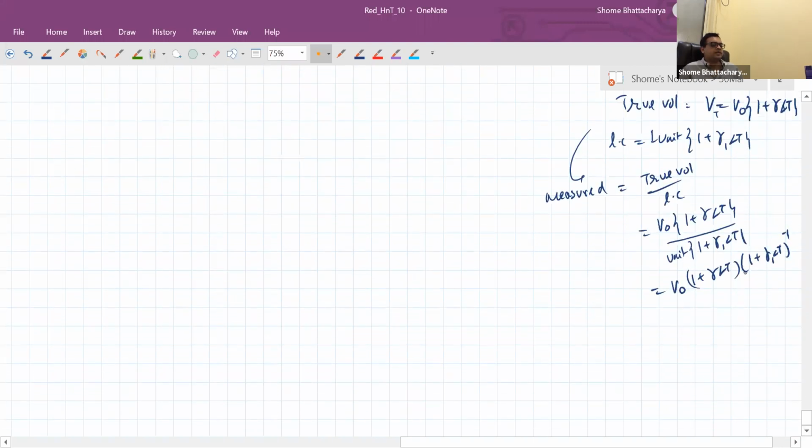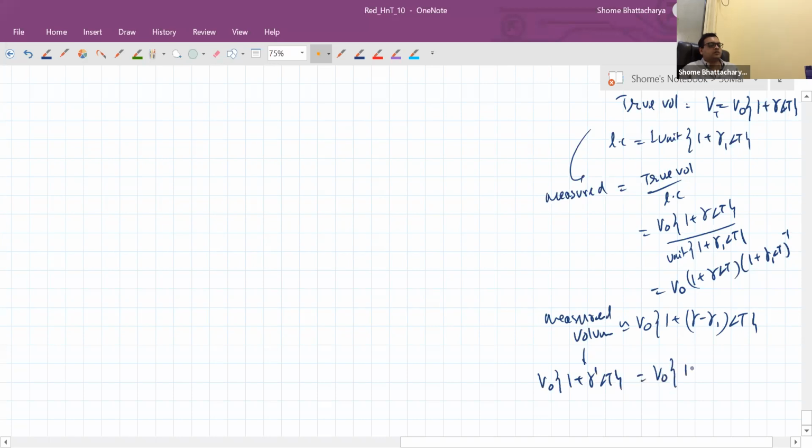So we approximate that and open the bracket and all that. So this becomes approximately 1 plus gamma minus gamma 1 delta T. So this is clear now? So this is the measured volume. So the apparent coefficient of volume expansion becomes the coefficient of volume expansion of the liquid minus the coefficient of volume expansion of the container.